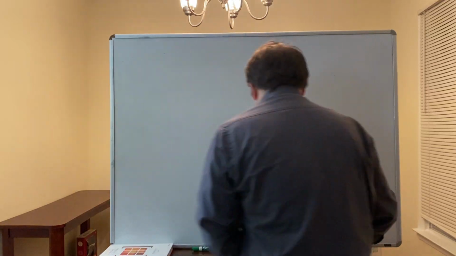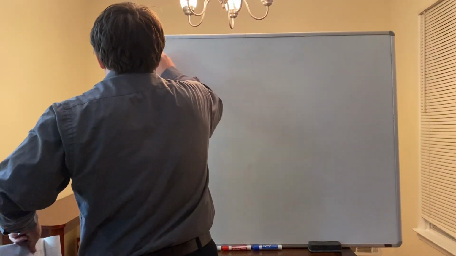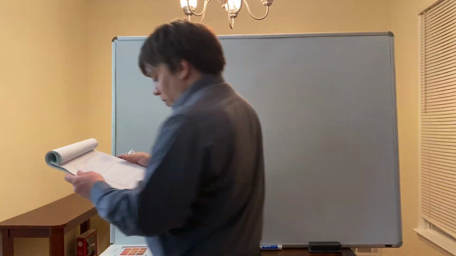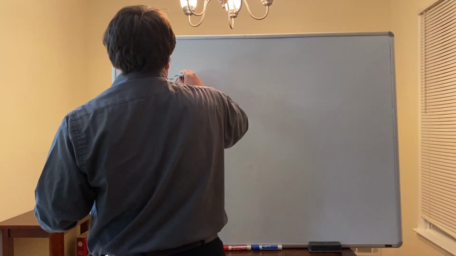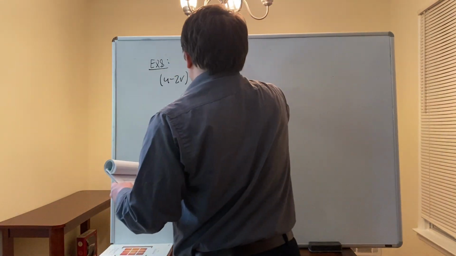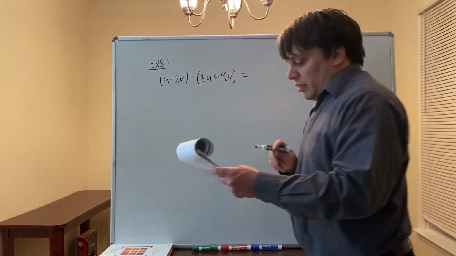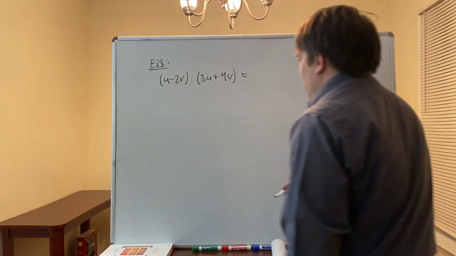Okay, so example 8. So example 8, (u minus 2v) dotted with (3u plus 4v).